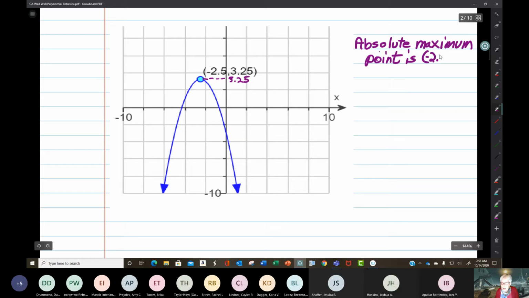Negative 2.5, comma 3.25. And 3.25 is the absolute maximum value.